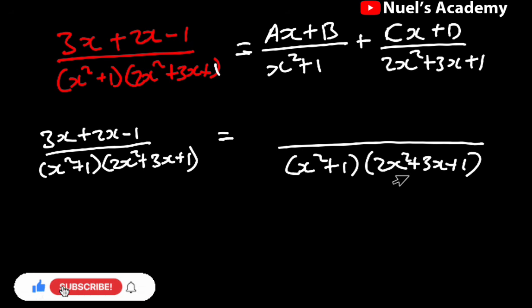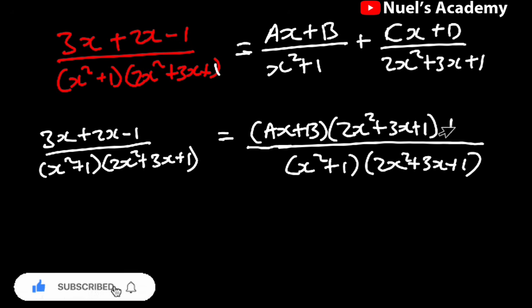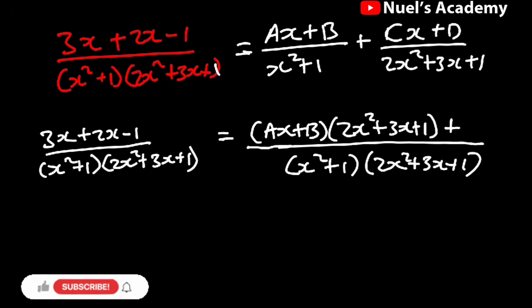Now this part multiplied by this is what I'm going to write next, and it's going to be equal to ax plus b multiplied by this part, which is 2x squared plus 3x plus 1, then plus all of these divided by this will be left with this. Then this times this is what I will write next.